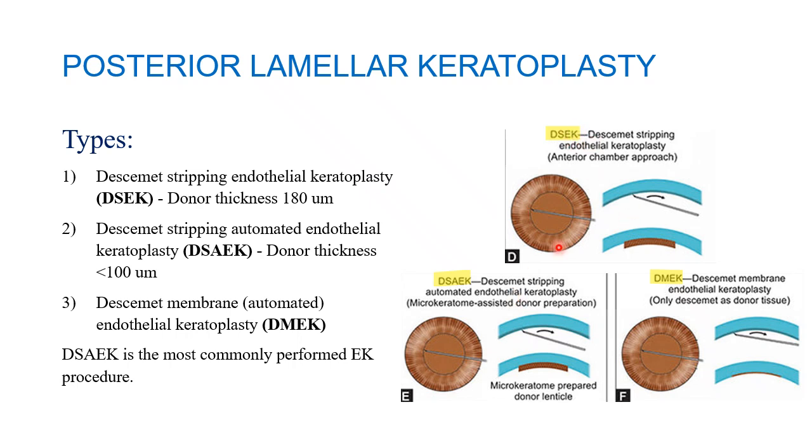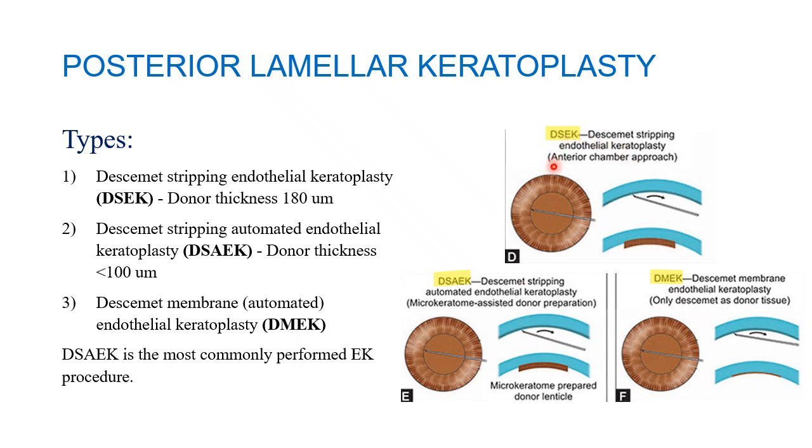So you see, this is just a schematic of Descemet stripping endothelial keratoplasty. Descemet stripping, why? Because we're going to strip the Descemet membrane of the recipient, the diseased Descemet membrane and endothelium of the recipient, using a specialized instrument, and we're going to transplant a healthy donor Descemet plus endothelium over there, right?